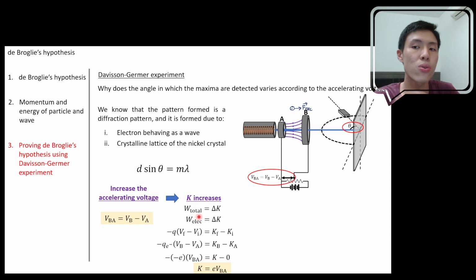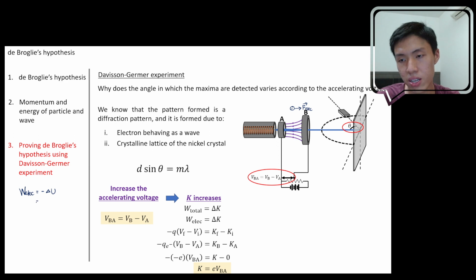Okay, now we are going to go back to chapter 1, when we learned about work done, potential difference, electric potential energy, all those things. We learned that work done by electric force is equal to negative change of electric potential energy.